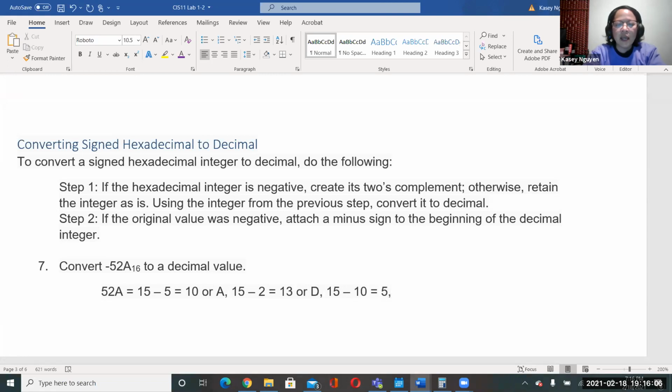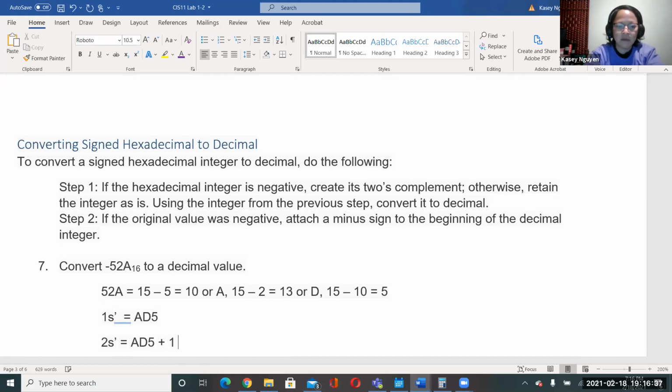So the first complement, or complement 1, is equal to A, D, and 5. And then for the 2's complement, we simply do a +1. So that will be 6.